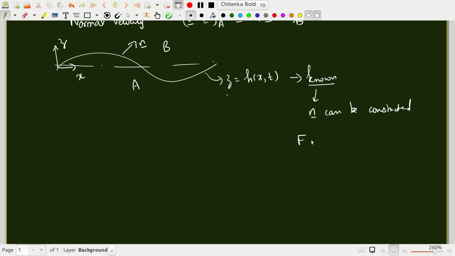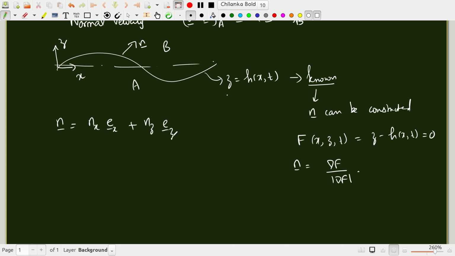Because we can write f of x, z, t is equal to z minus h of x, t is 0, then n is grad f by mod grad f. So n can be written as nx ex plus nz ez. After calculating n using this approach, you can find the components nx and nz.